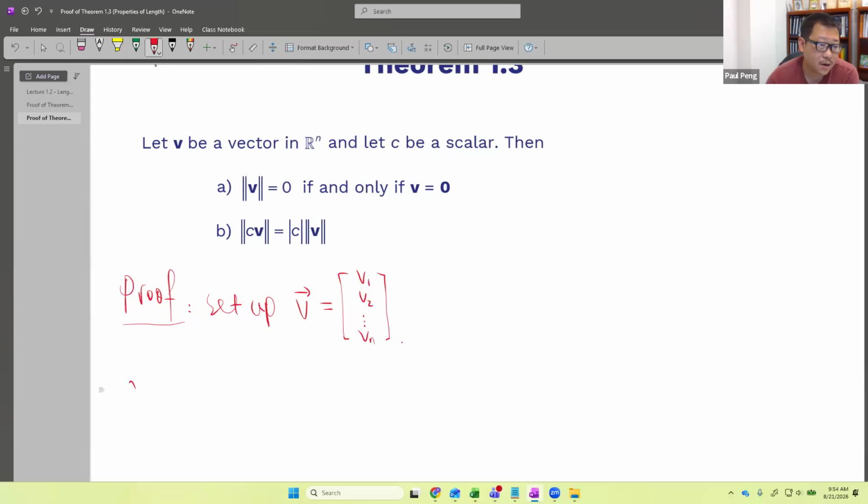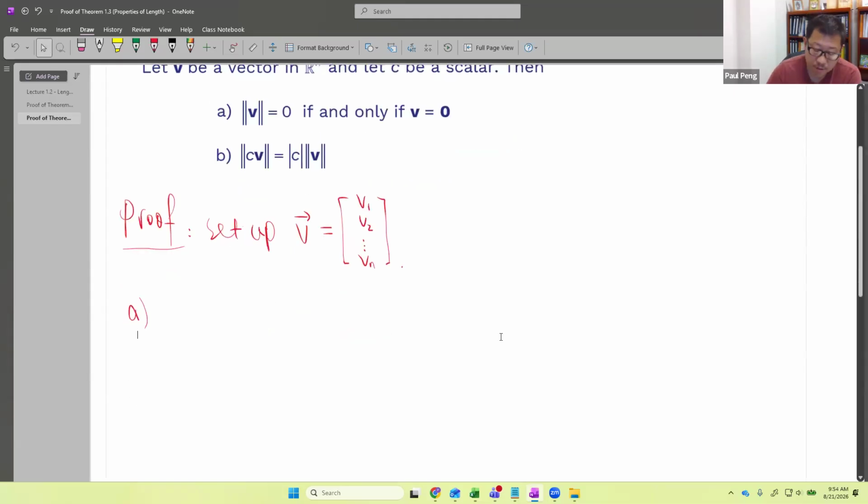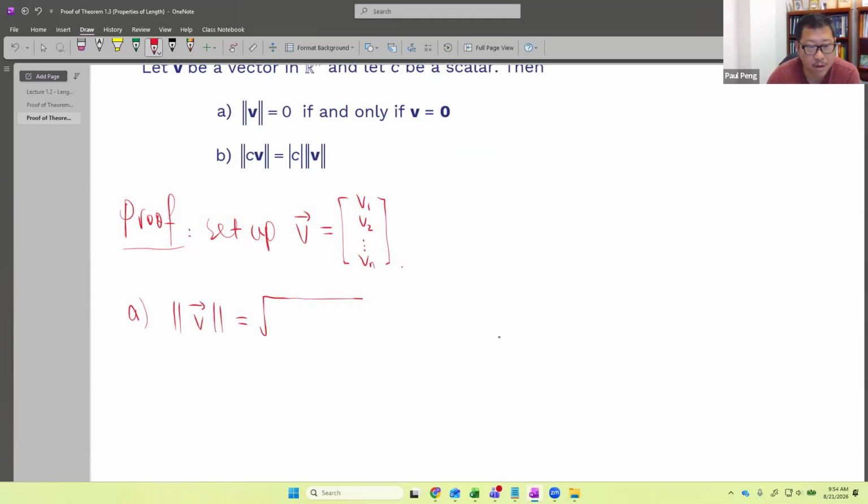Look at part A. Let's calculate the length by definition. The length of the vector v is the square root of v1 squared plus v2 squared, and so on to vn squared.